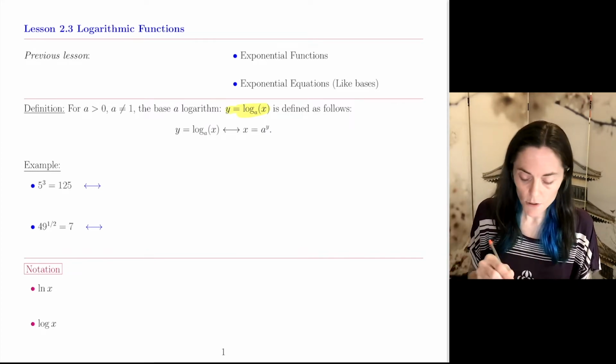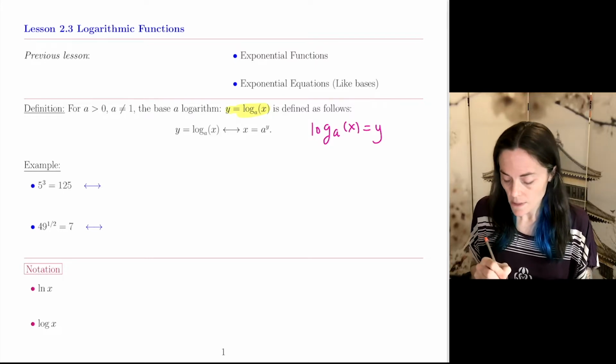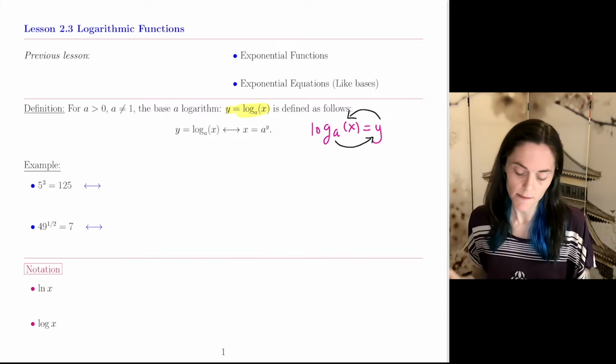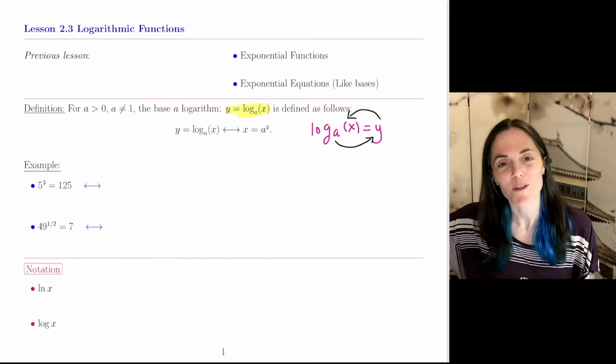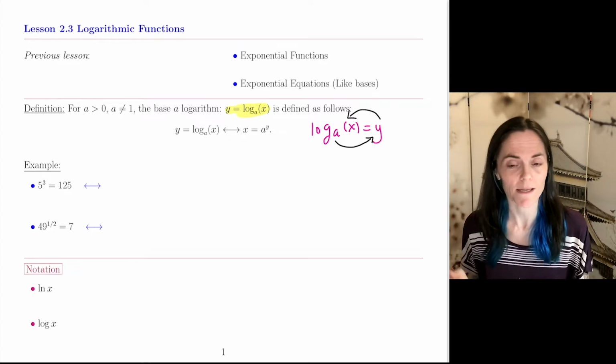The way that I usually remember this, I will write it like this: log base a of x equals y means a raised to the y is equal to x. I will put these little circular arrows to remember the correspondence.